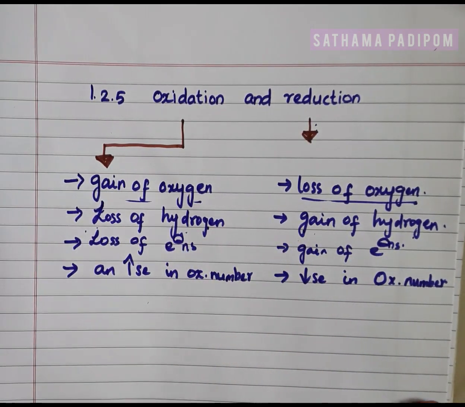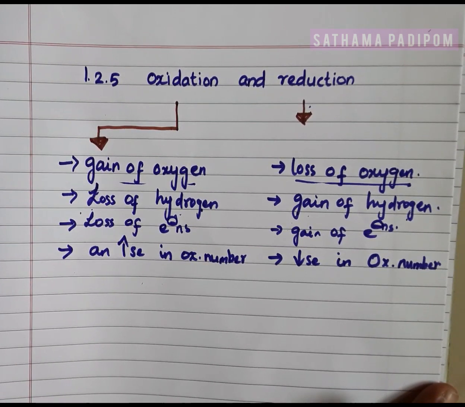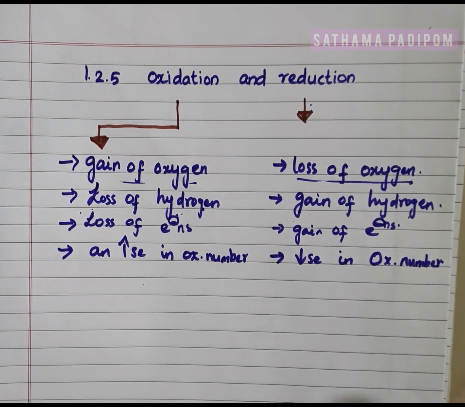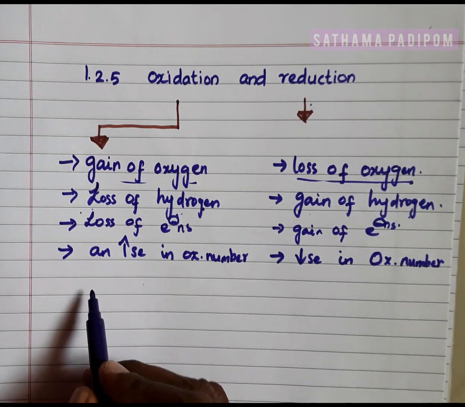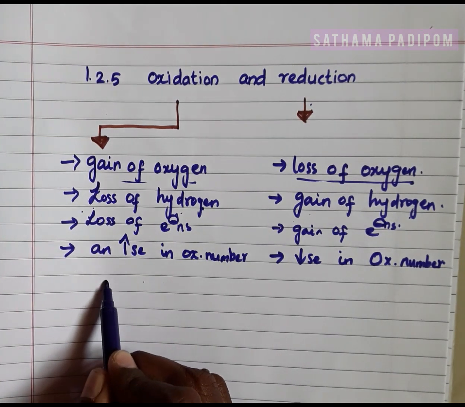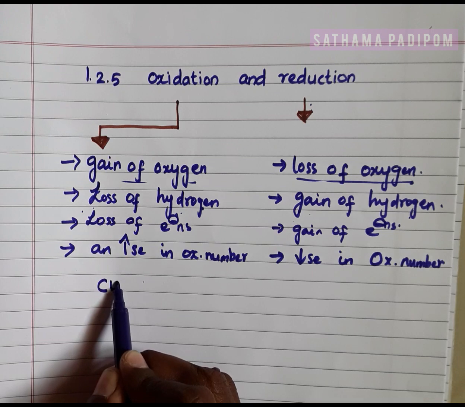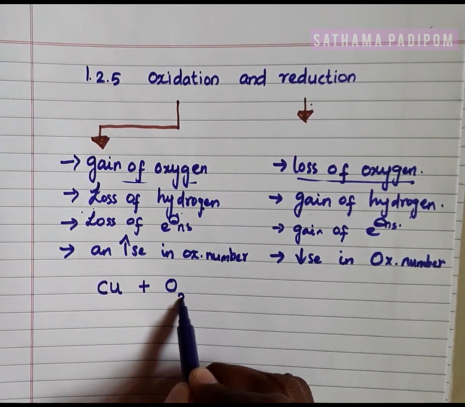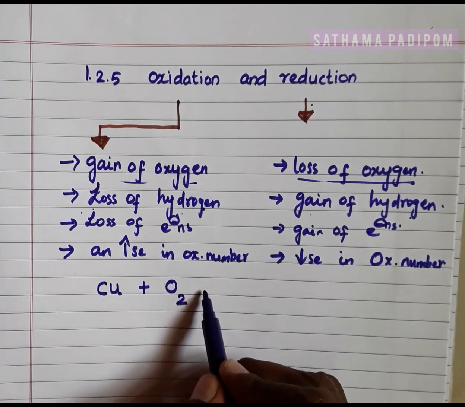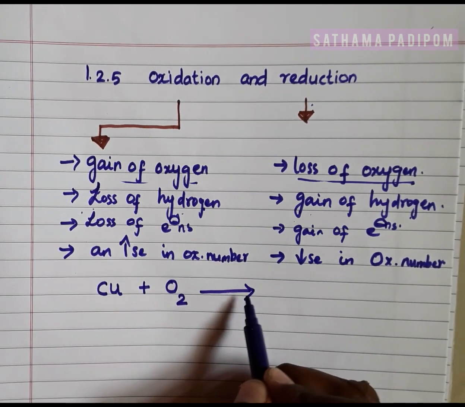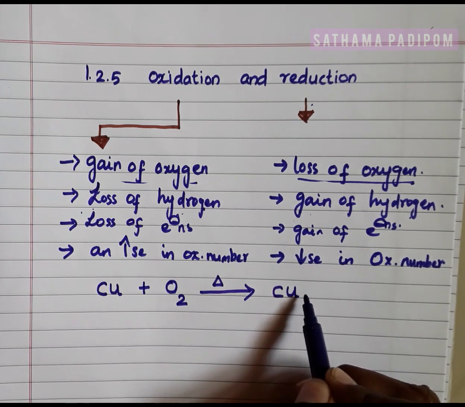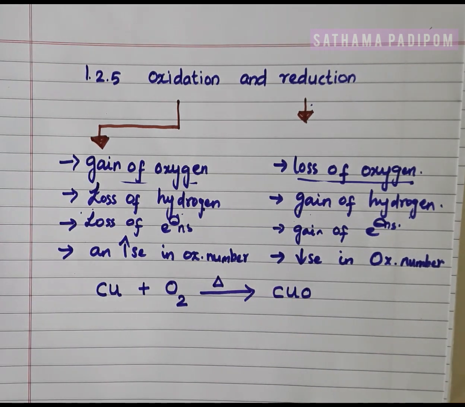Now how are we going to apply this? In your NCERT book they have given the example, and here I have taken copper, Cu plus oxygen. When copper reacts with oxygen on heating, it gives copper oxide. Look at this reaction.